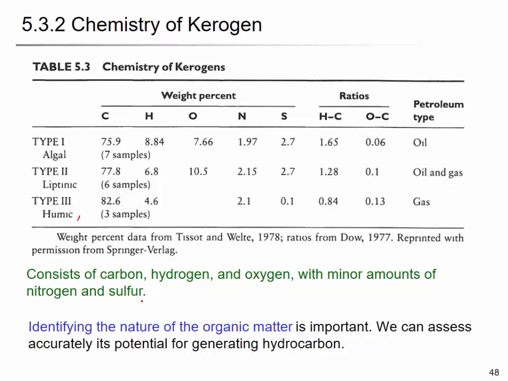So by looking at the chemistry of the kerogen, you can identify whether this hydrocarbon organic matter is from algae or zooplankton or phytoplankton, etc.